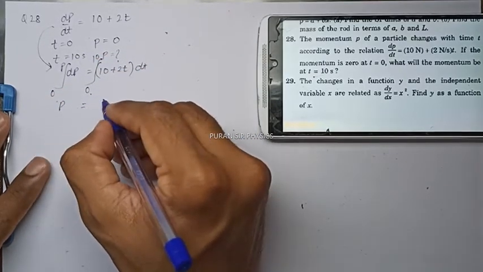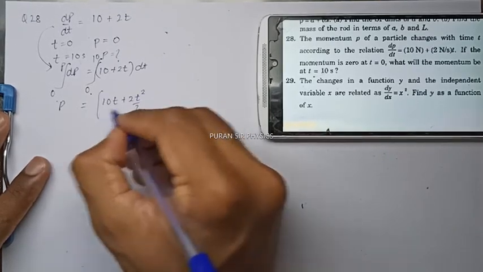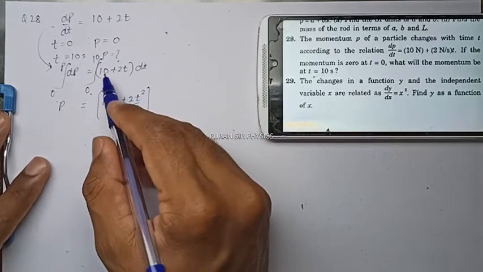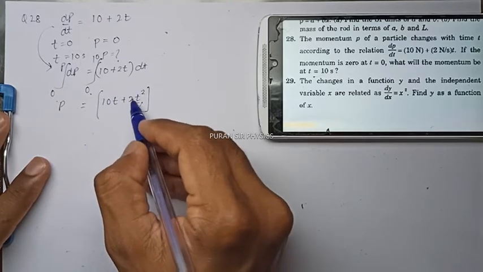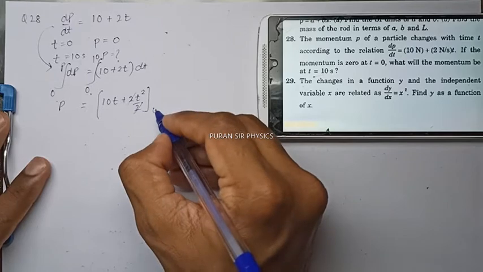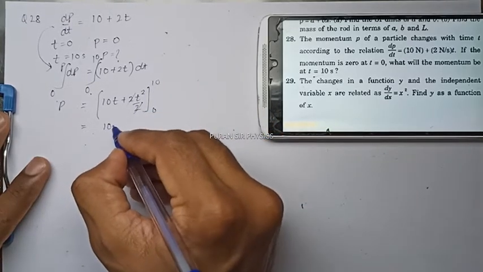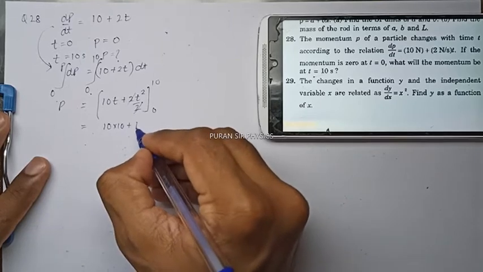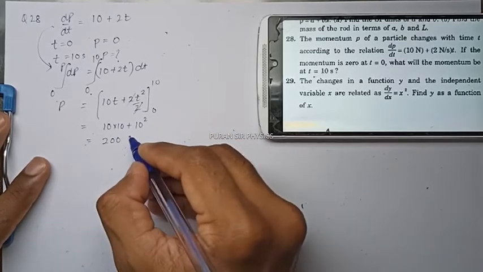and here we have 10t plus 2t square by 2. So that is the integration of this, 10t plus 2t square by 2, from 0 to 10. So it comes out to be 10 into 10 plus 10 square. So it will be 200.